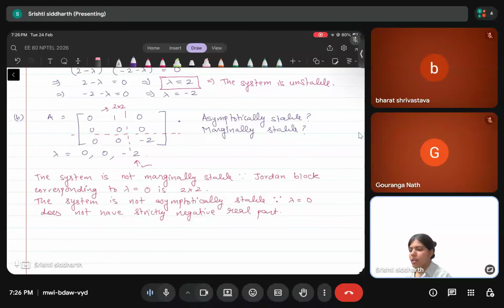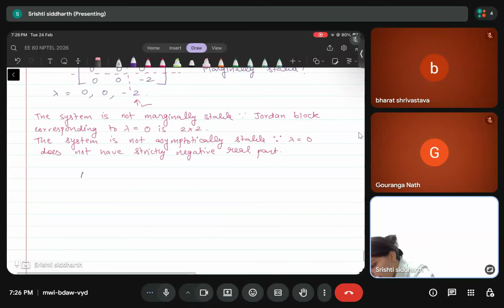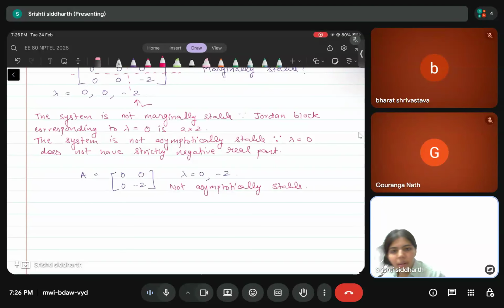So if we had instead a second order system which looked like this, 0, -2, 0, 0. In this case, we have lambda equals 0 and -2. So the system is again not asymptotically stable. The system is marginally stable, right?